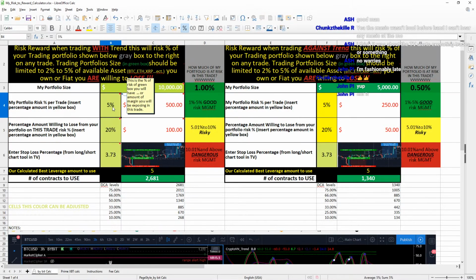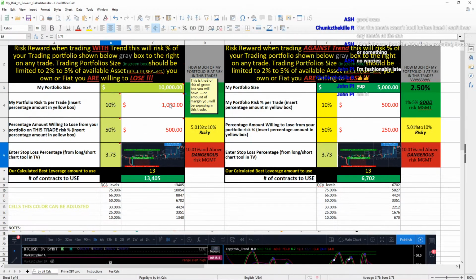Now, let's look at some crazy risky trades and see what the spreadsheet does. So let's say you were risking 10% of your portfolio. You wanted to risk 50% of that. Going to have to bump the numbers up just a little bit. But as you can see here, if you wanted to risk 10% of your portfolio and 50% of the 10%, that would be a 5% trade on the line.